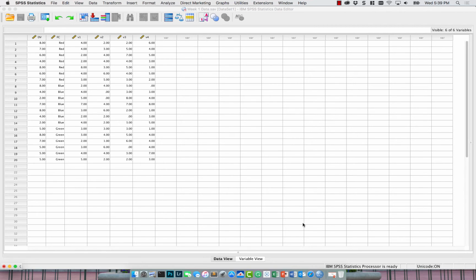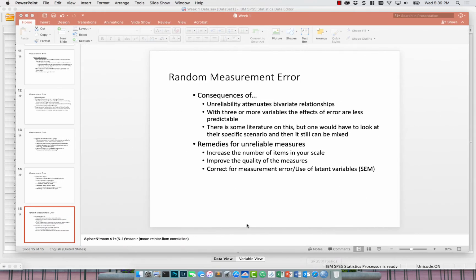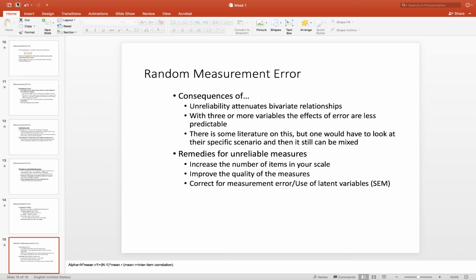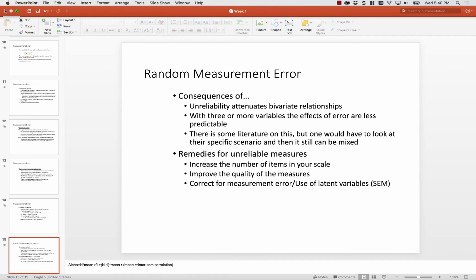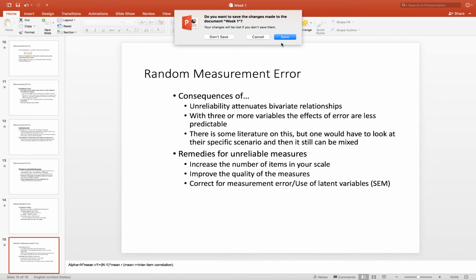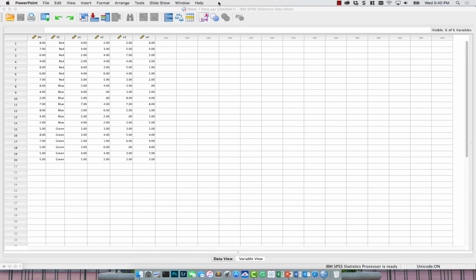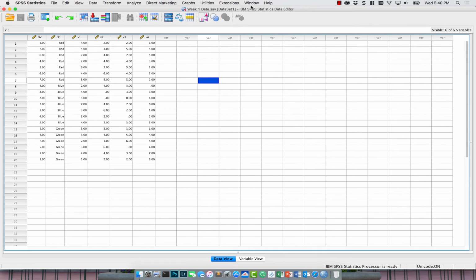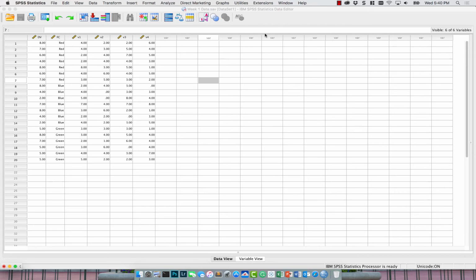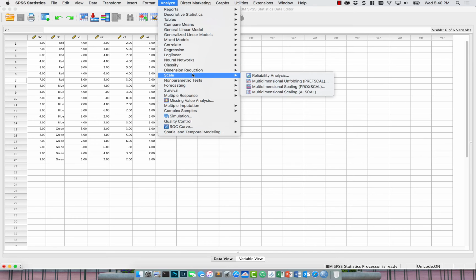So what we're going to be looking at is output. Where is the output? So analyze, reliability analysis.